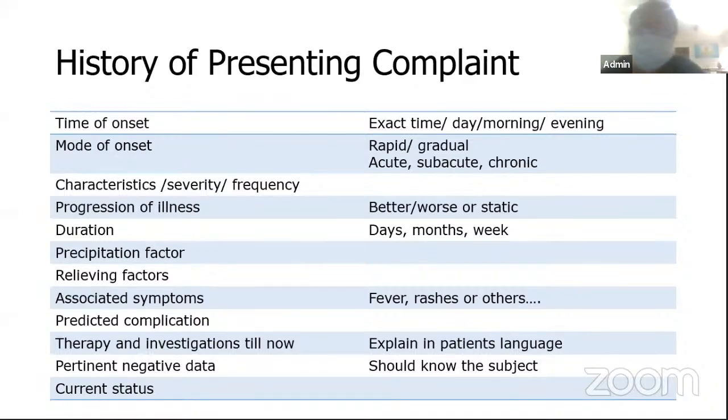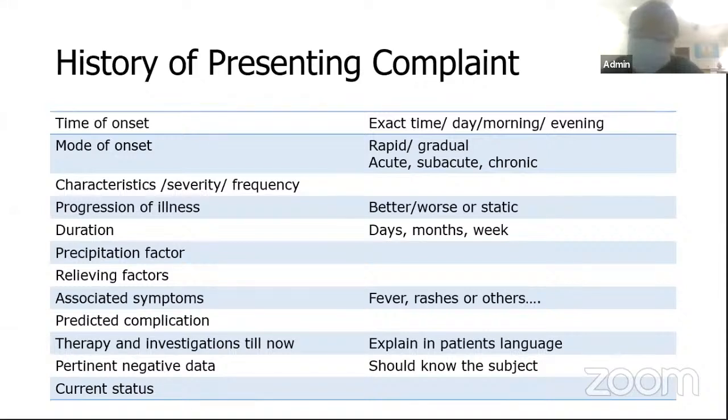Then the characteristics, severity, and frequency of pain, or whatever complaint you are describing, be it abdominal pain, headache, or fever. Also the progression of illness, duration of illness, any precipitating or relieving factors, associated symptoms, predicted complications, therapy, and investigations done till now should be described in detail.